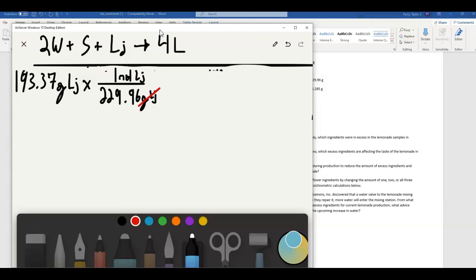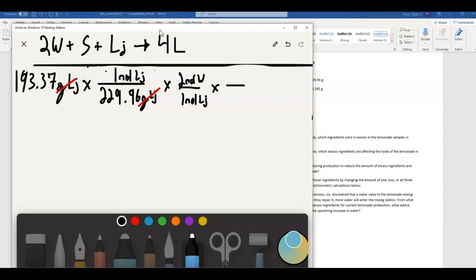That'll cancel. Now we gotta convert it to moles of water. And if we look here, it's a 2-to-1 ratio. So for every 1 mole of lemon juice, there are 2 moles of water. And then finally, we gotta convert this into grams.